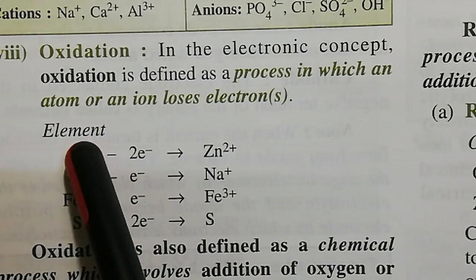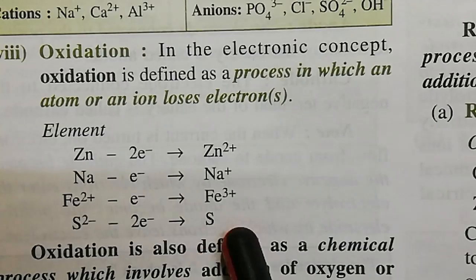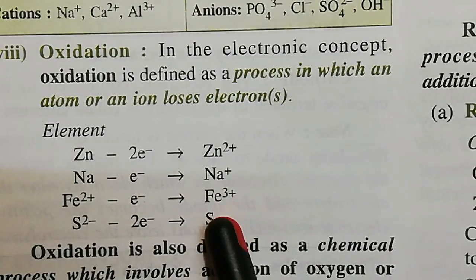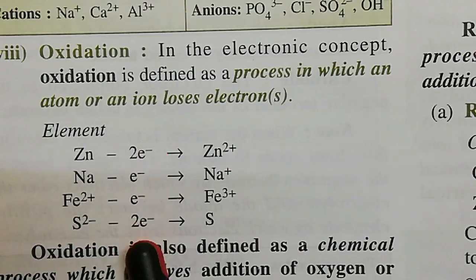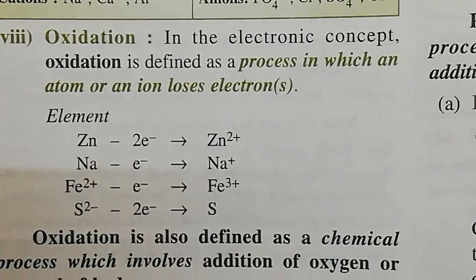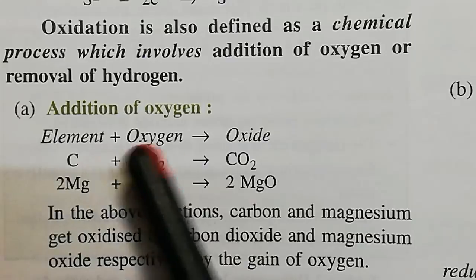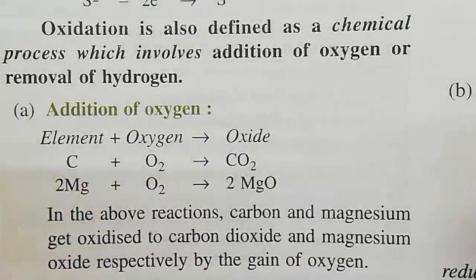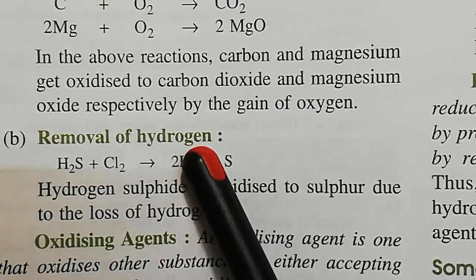That means whenever metals release electrons to become positively charged particles, or neutral if it is an anion, that loss of electrons is said to be oxidation. Oxidation can also be like this: addition of oxygen can also be oxidation, and removal of hydrogen can also be oxidation.